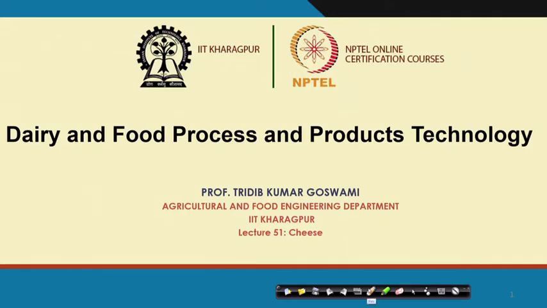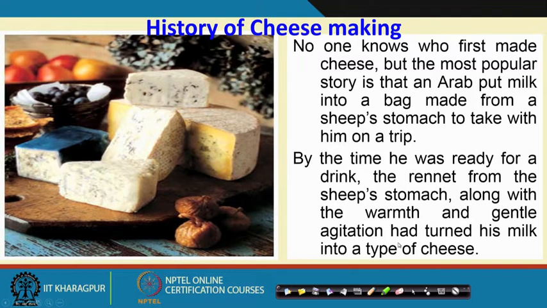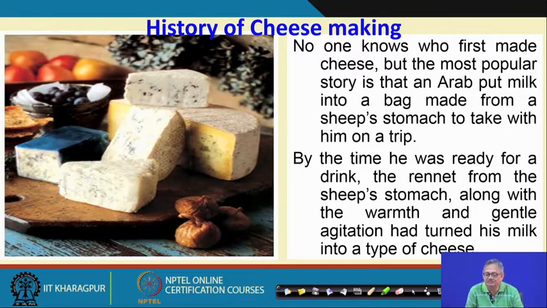Today we are in the 51st class and we will deal with cheese. If you look at the history, no one knows who first made cheese, but the most popular story is that an Arab put milk into a bag made from a sheep's stomach to take with him on a trip.